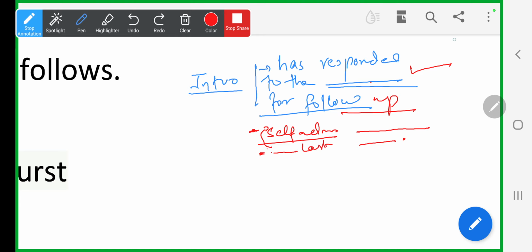So, this is clear to you. I will repeat the sequence for you again. Basically, first we will write the intro, where we mention that the patient has responded to the treatment and the follow-up, right? Second paragraph, we can start with the last cocaine use plus her admission detail, but in summary form, not the symptoms.